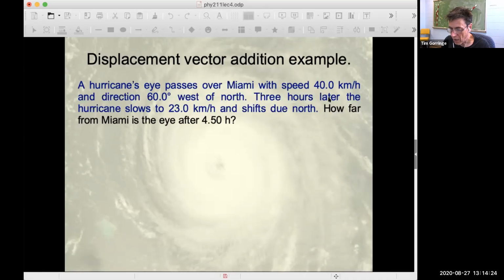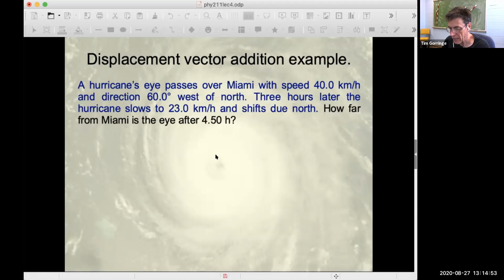And then we're asked, how far from Miami is the hurricane's eye after 4.5 hours? So we're told two velocity vectors, and we're told two time intervals, and we want to calculate the total displacement. And this problem involves the relationship between velocity and displacement, but more importantly here, it involves adding together two displacement vectors.